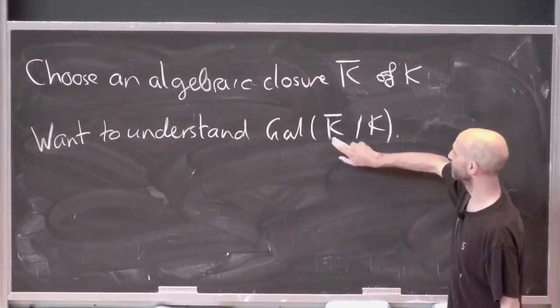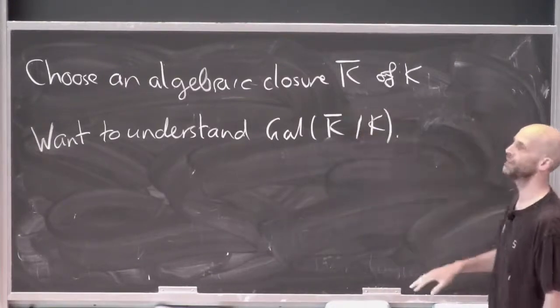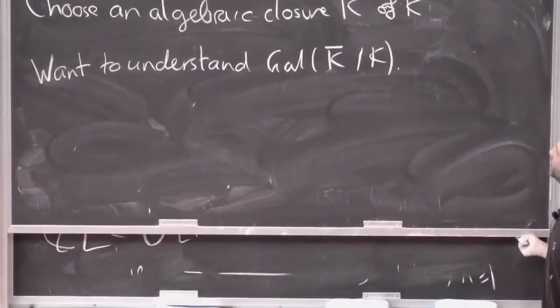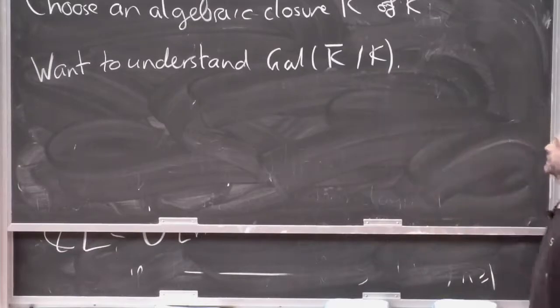The elements depend on a choice of K-bar, and it's quite difficult to choose algebraic closures of abstract fields. So it's less likely that we can write down explicit elements of this group.